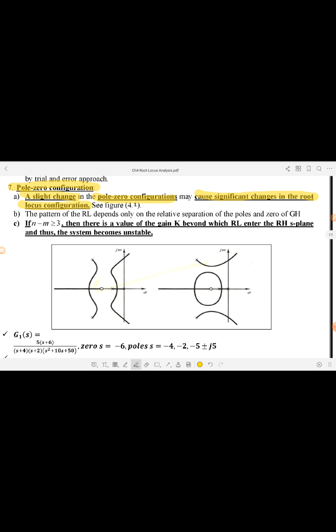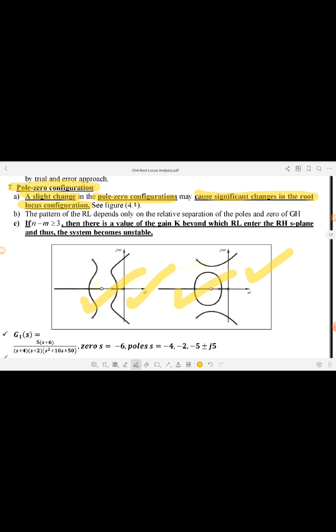If we pay attention to this figure and this figure, the relative locations of the poles and zeros of GH in both of them are very close to each other, but look, the behavior of this figure is different from the behavior of this root locus.